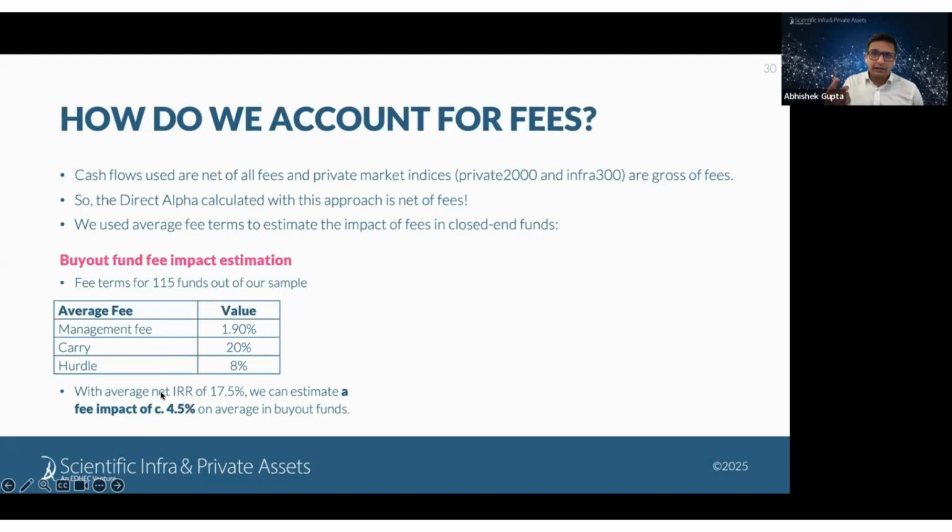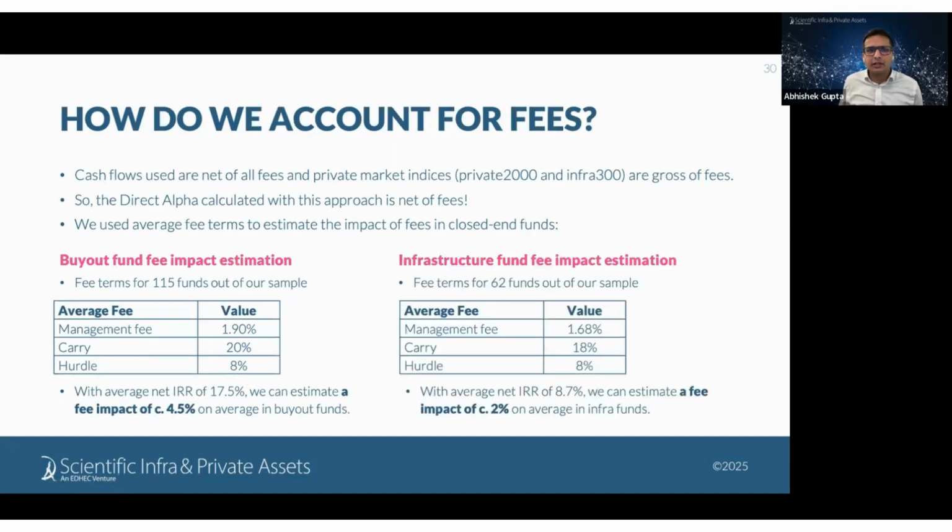We saw that the average net IRR of those funds was 17.5%. And if we use that as a rough approximation, we can estimate a fee impact of about 4.5% in buyout funds between gross of fees returns and net of fees returns. So it's a substantial percentage of return that is impacted by fees.